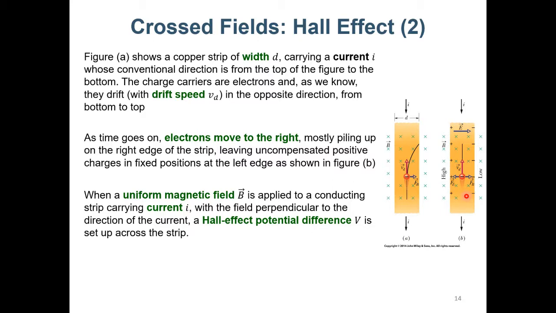So V cross B should be pointing to the left, and Q is negative. So Q times V cross B should be pointing to the right, which means the electron will go to the right side like this graph.